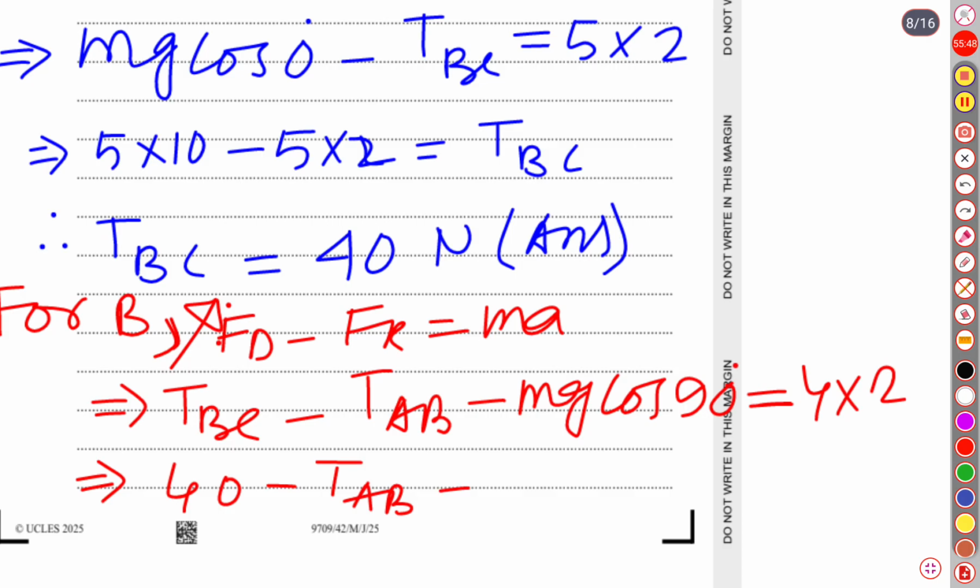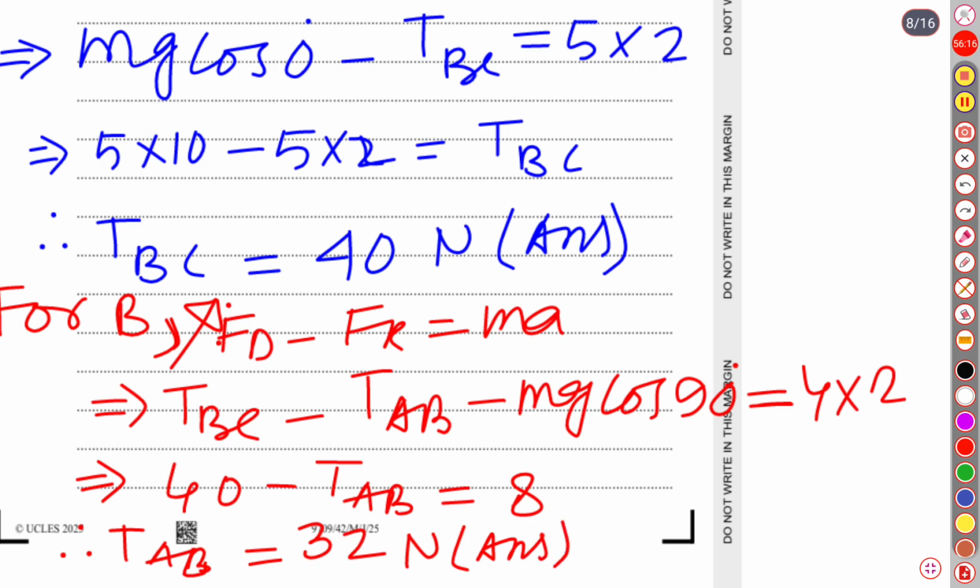Mg cos 90 is equal to 0, so it is unnecessary to be written. It's equal to 8. Hence tension in AB, 40 minus 8 is 32 Newton. So tension in the string is 32 Newton.